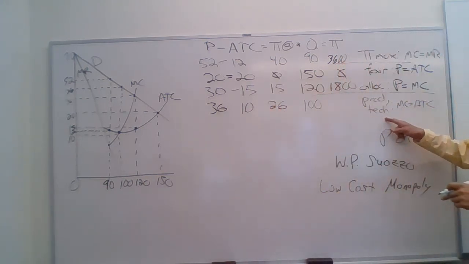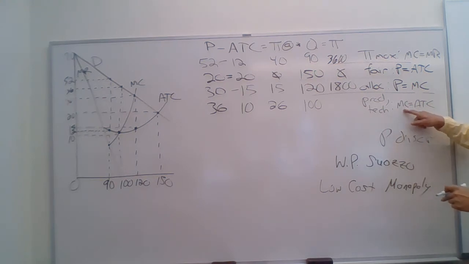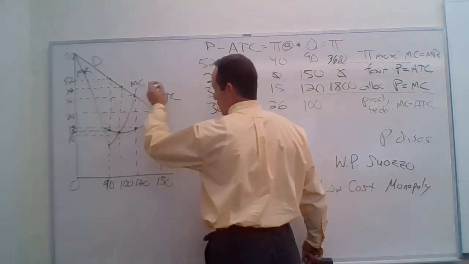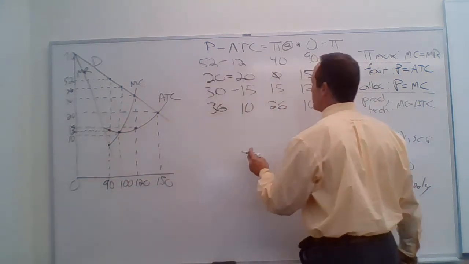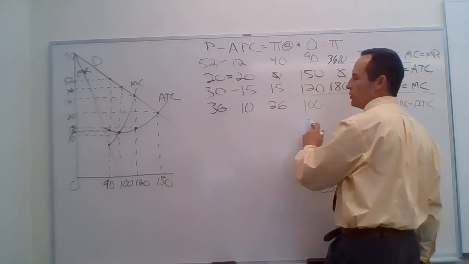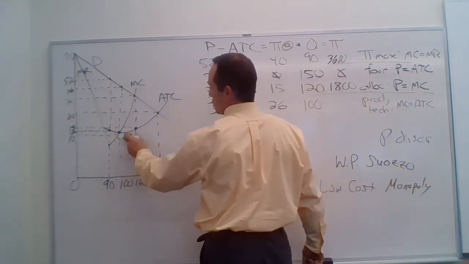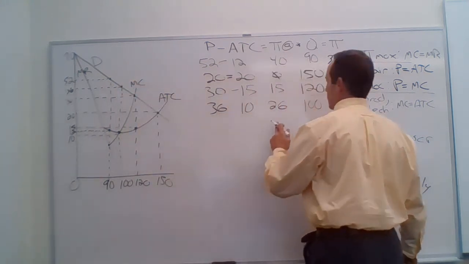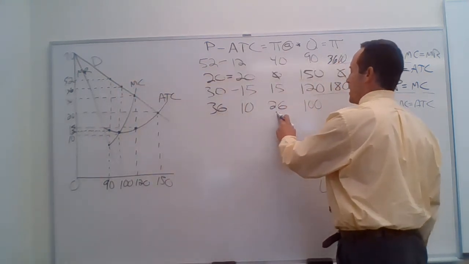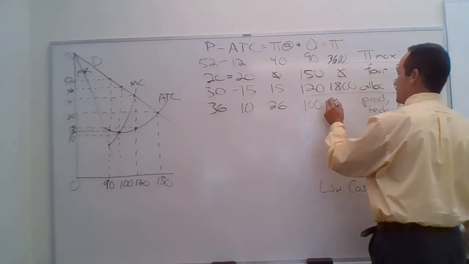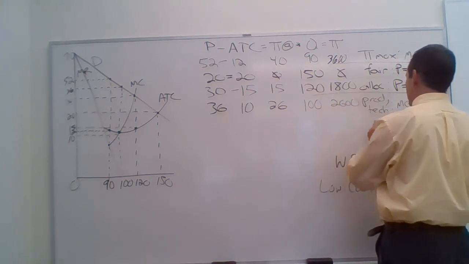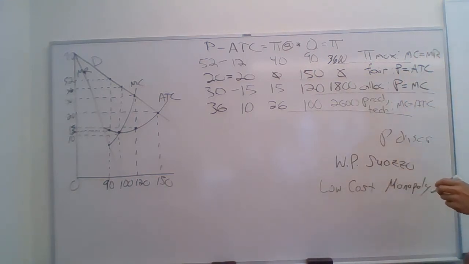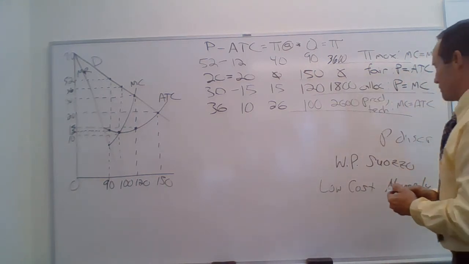Productive technological efficiency is defined at where marginal cost equals ATC. Marginal cost and ATC meet at 100Q, which results in ATC of 10 and price of 36. So 36 minus 10 gives us a per unit profit of 26 times 100. We have $2,600. So we have all the scenarios solved except for price discrimination.